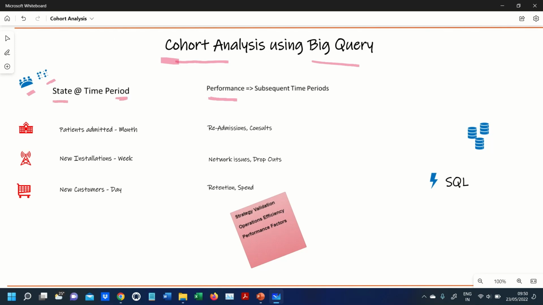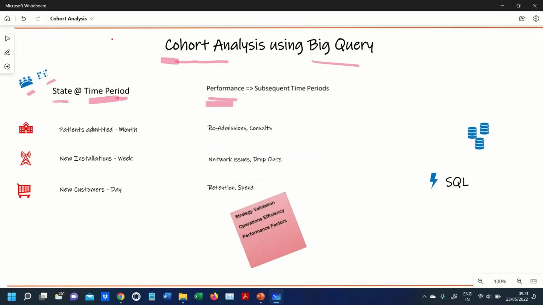One is the state, which state are we considering for the analysis, and what is the time period for that state, and what is the metric and what is the performance that we are going to measure about that particular group over the subsequent periods of time. So these three things are important for us to understand cohort analysis. So that will give a brief understanding from the use cases.